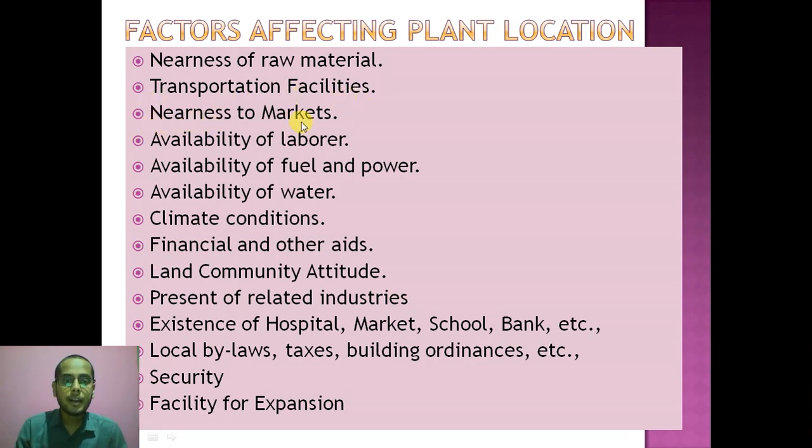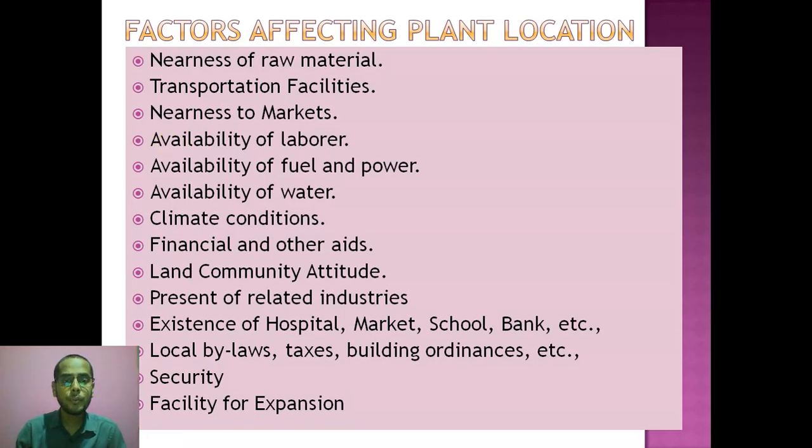Now, nearness to the market. If the plant is nearer to the market, it will provide basic facilities to the employees and workers working inside the plant, and we can also make a hub for the product of our plant, from where the product will be distributed to the whole market.